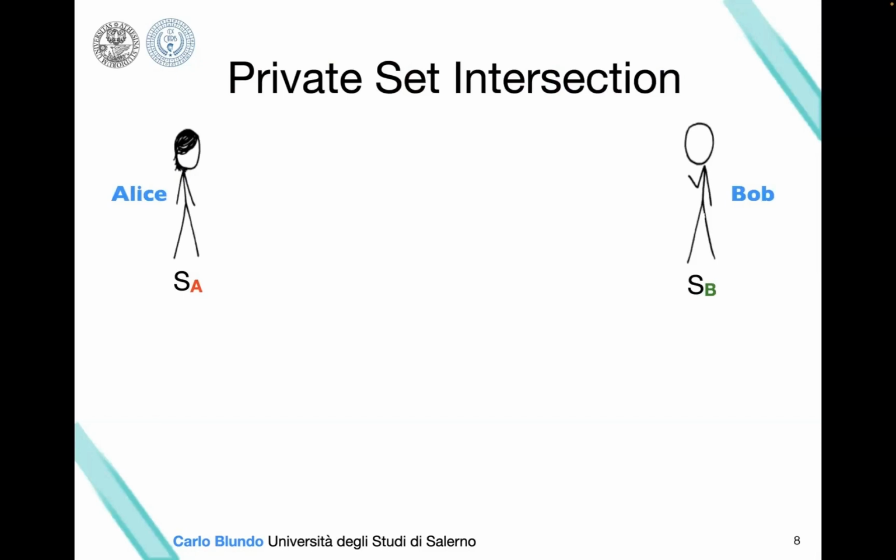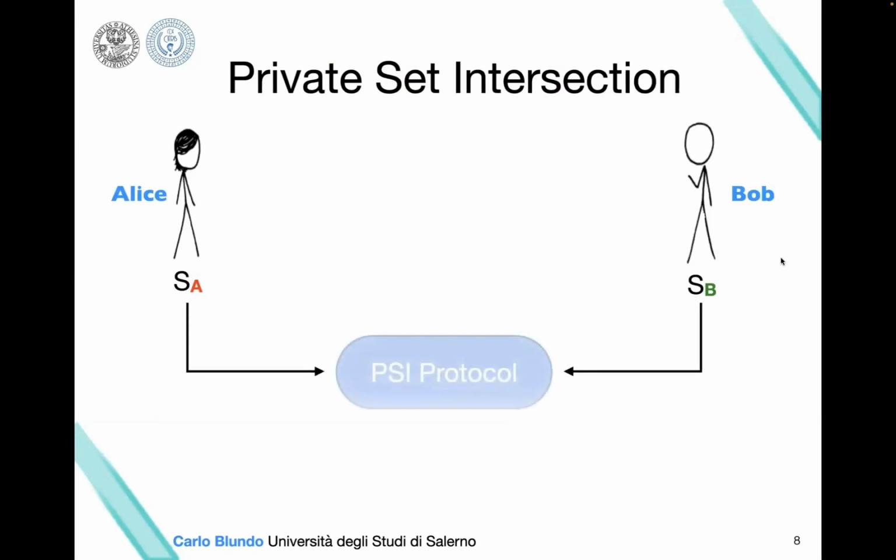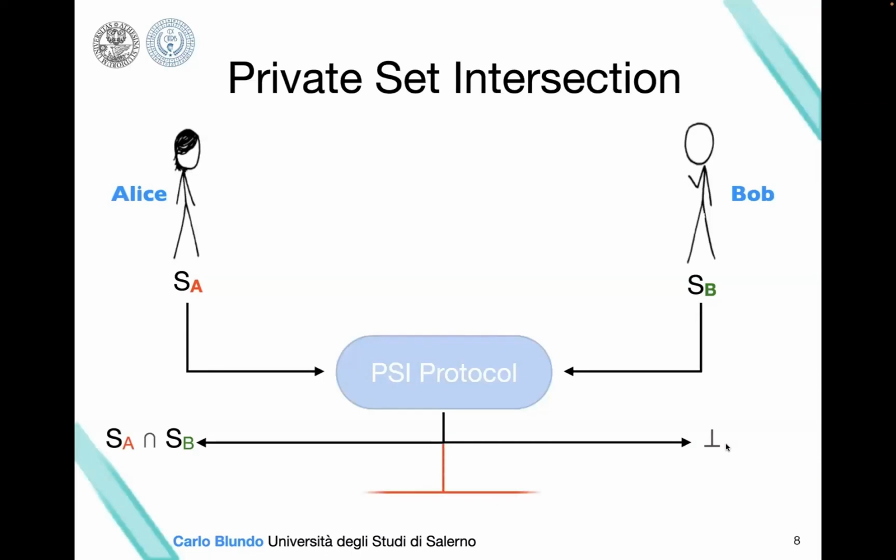So in the private set intersection problem, we have two participants, Alice and Bob. There is a PSI protocol, so some messages are exchanged between Alice and Bob. I'll show you a couple of simple examples of PSI protocols. And at the end of the protocol, Alice will compute the intersection of the two sets, and Bob will compute nothing. In the protocols I'll show you there is some leaking in some sense.